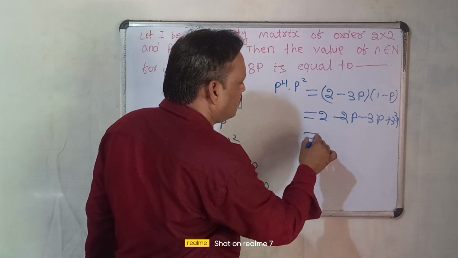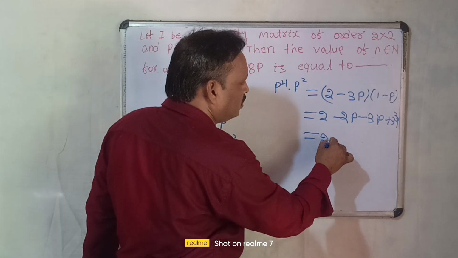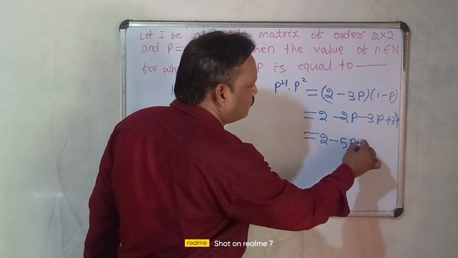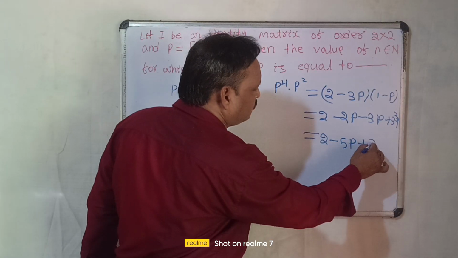Then this will be equal to 2 minus 5P plus 3P square.